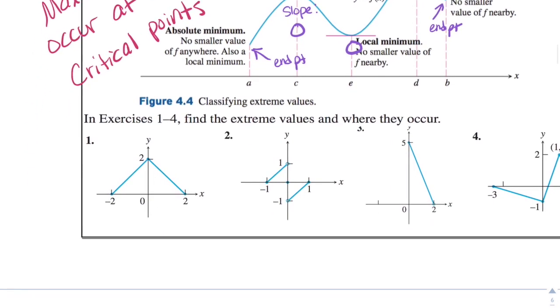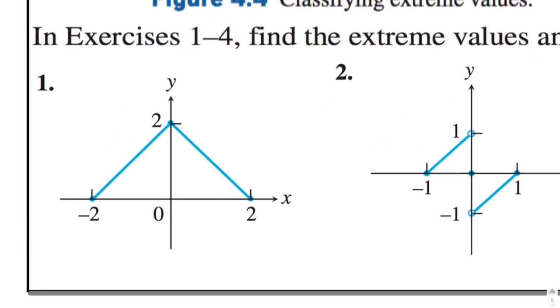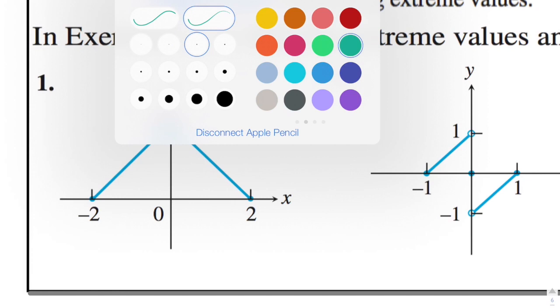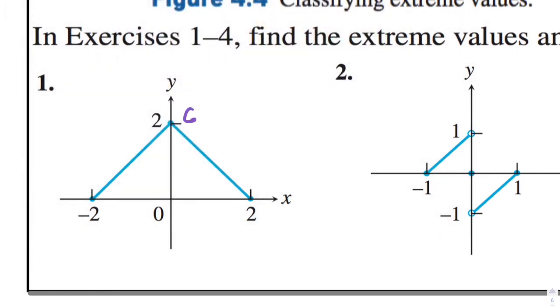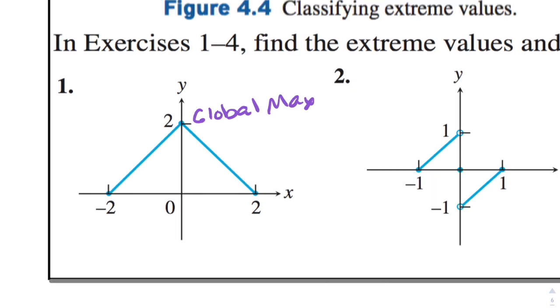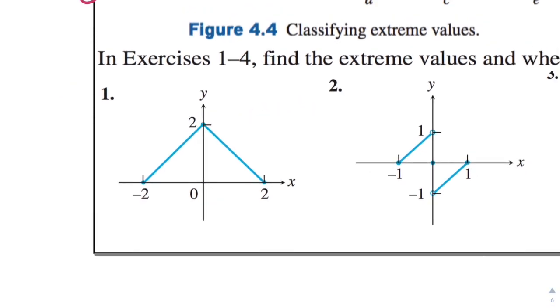So I'm just going to do a couple practice problems to warm us up. Here we're going to say a global max. Let me zoom out a little bit. Let's say at 0, 2 is a global max, which implies it's also a local max.